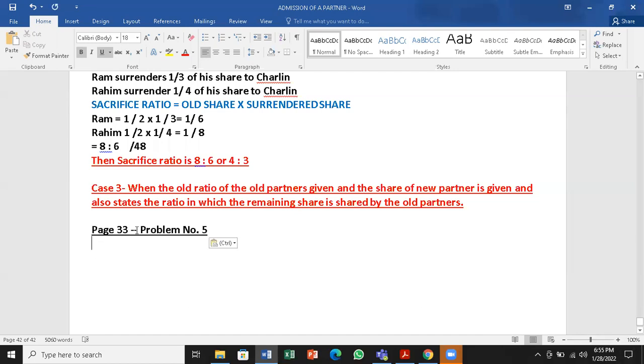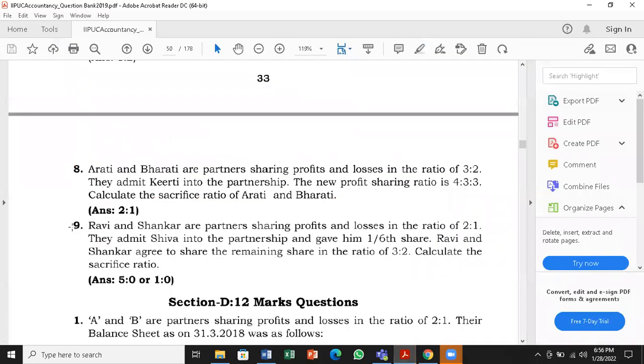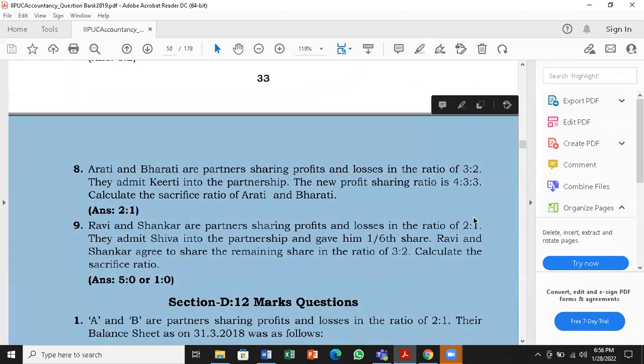So page number 34, sorry, 33, and problem number 9. Here Ravi and Shankar are old partners. Their ratio is given as 2:1.